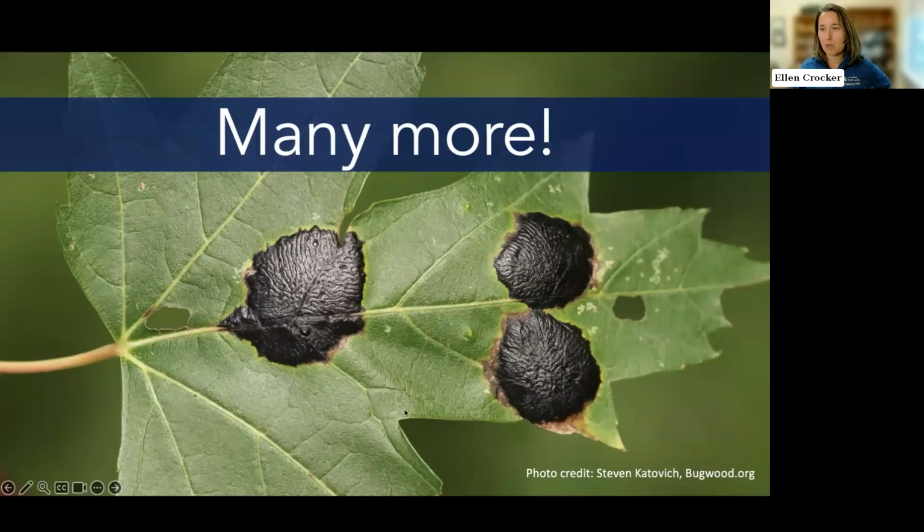You look at this and you're like, whoa, there's something really wrong with this tree. But the good news is that this is not a big deal for the health of that tree. That tree is going to be fine. There's actually been many studies done on tar spot of maple, and they found that trees don't have any negative impact of it. It just looks bad.